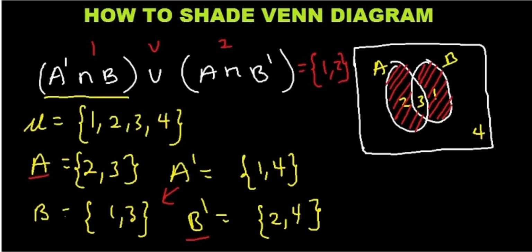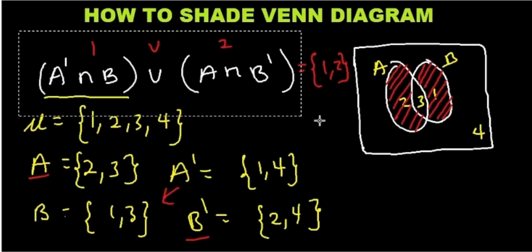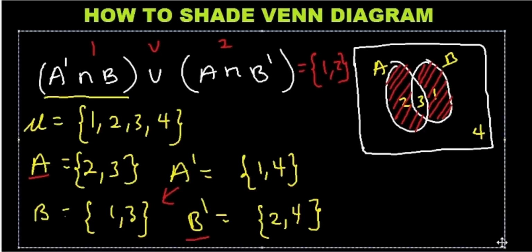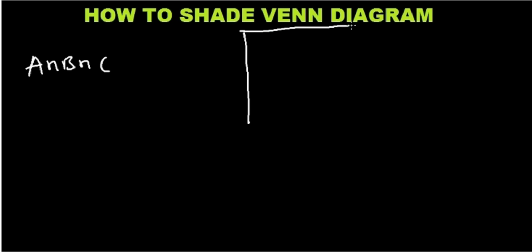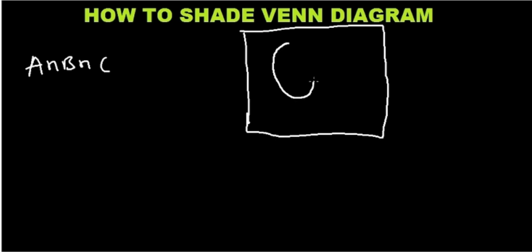What if we have 3 sets to handle? Let's try one of 3 sets. Let me start with something simple so it will not look cumbersome. Suppose you are asked to find A intersection B intersection C. Firstly, you need to draw your diagram. So this time around, you are drawing 3 circles.